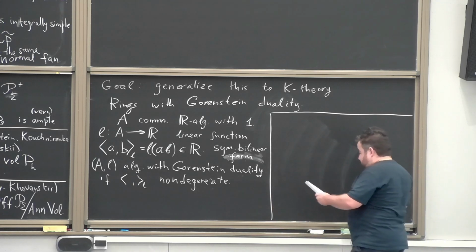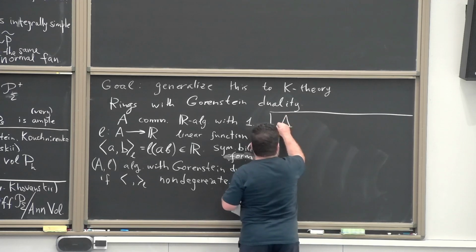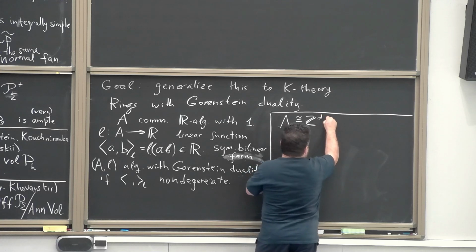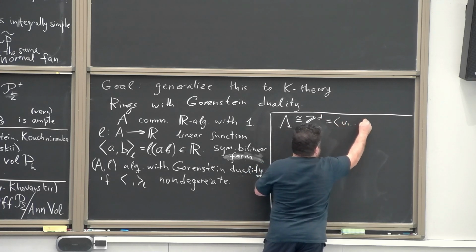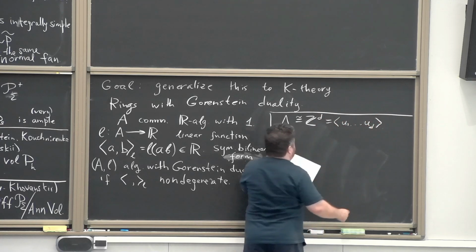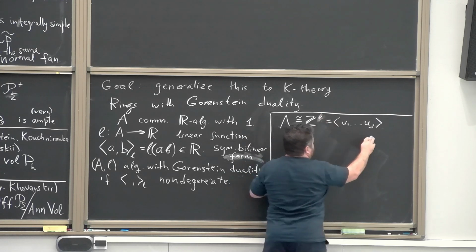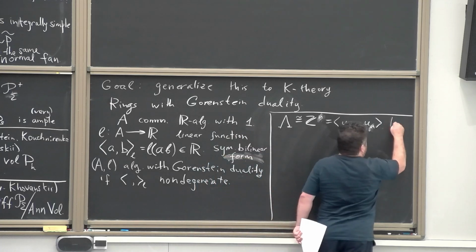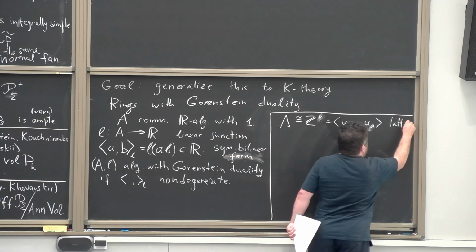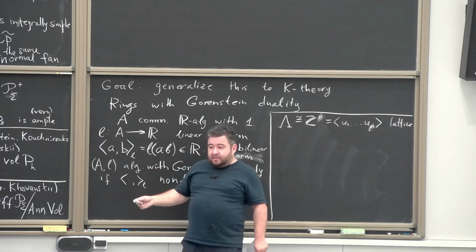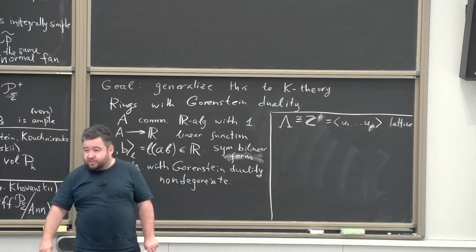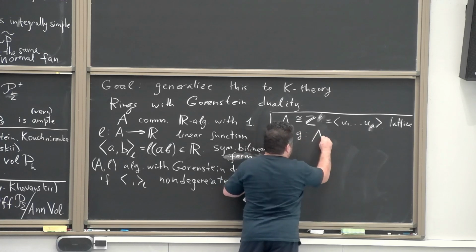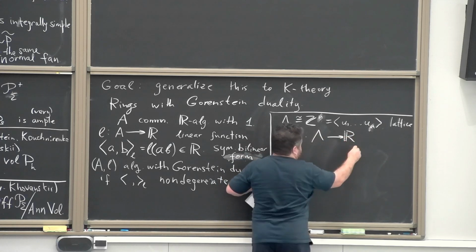Let me take a lattice, capital Lambda, isomorphic to Z to the power d, generated by some standard basis u1, etc., un. And I can view functions on this lattice, just arbitrary functions with no restrictions at all. So let g from Lambda to R be any function.